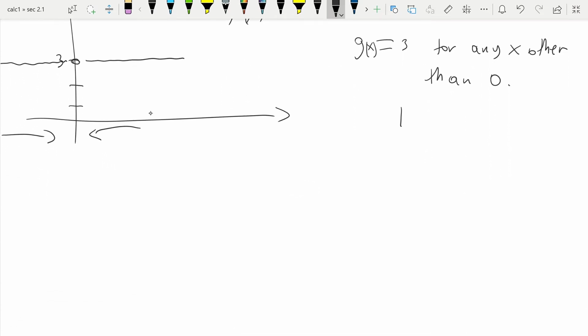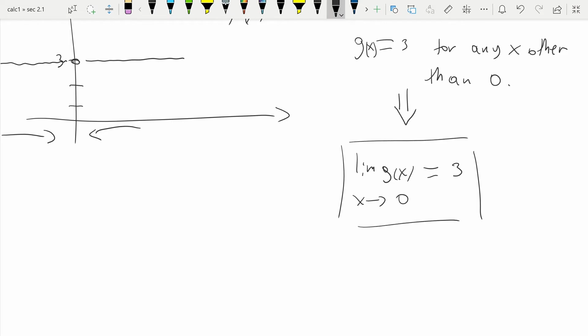So this implies that the limit of g of x as x approaches 0 is 3, because it is getting closer and closer to 3, and in fact it's equal to 3 for any value of x other than 0.